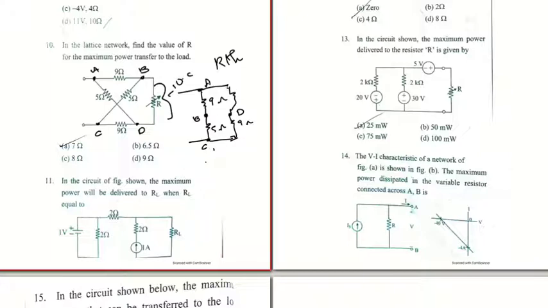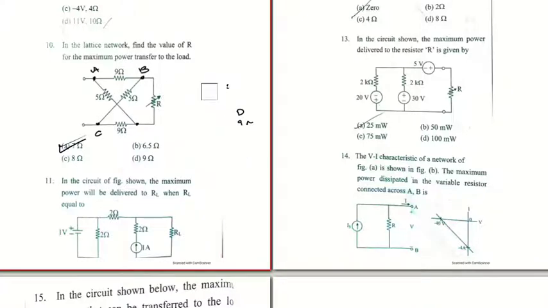So now we have 14 parallel to 14, so it will be 7 ohm, which is our required resistance value of the load for maximum power transfer. Now let's move on to the next question.